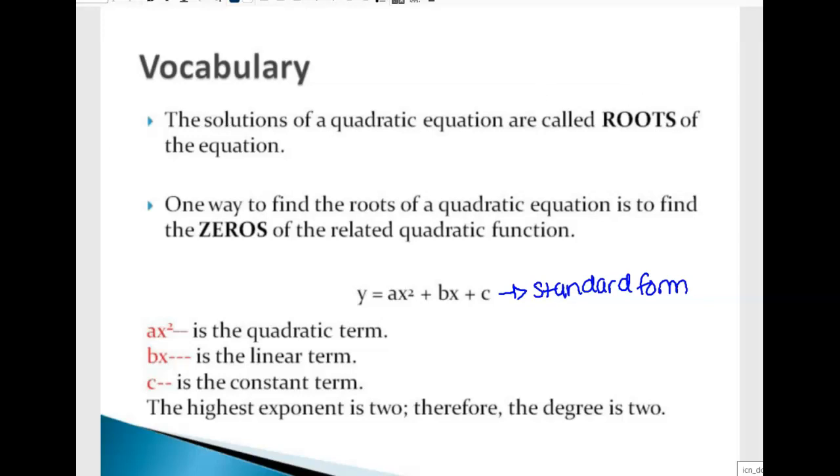The quadratic term is ax squared. Bx is our linear term, and c is the constant. The highest exponent is 2, therefore the degree is 2.